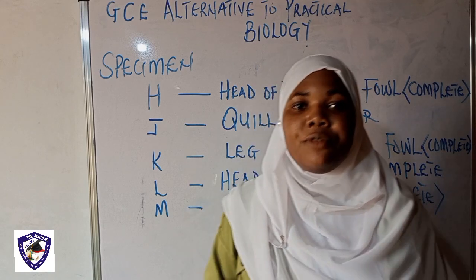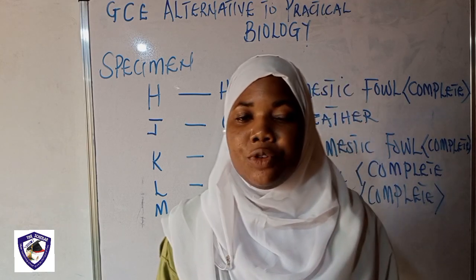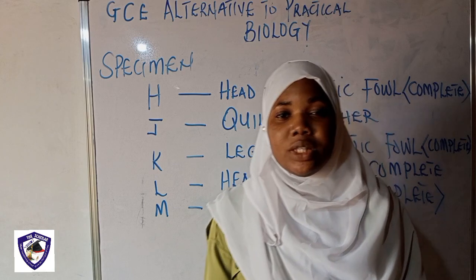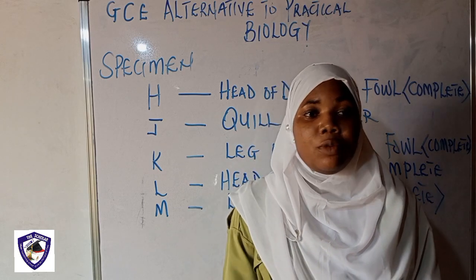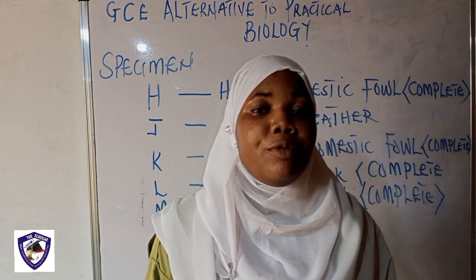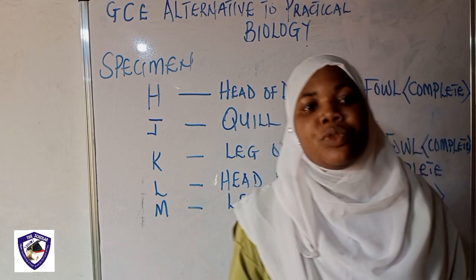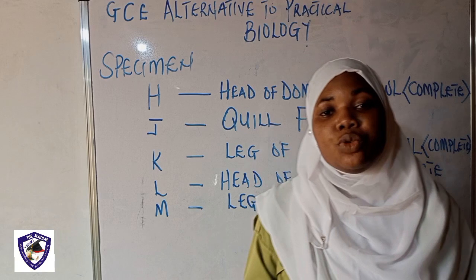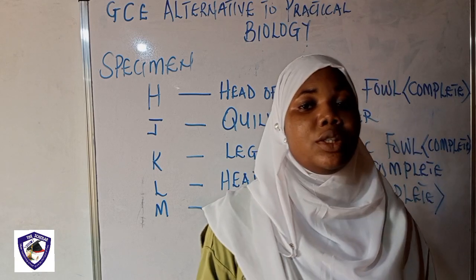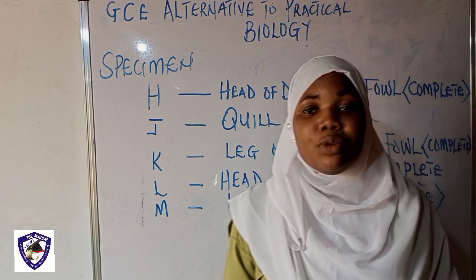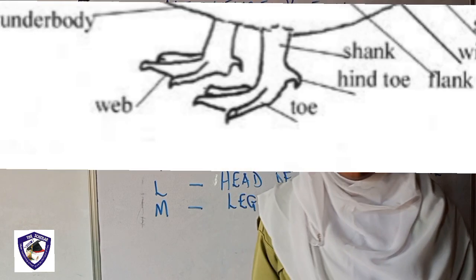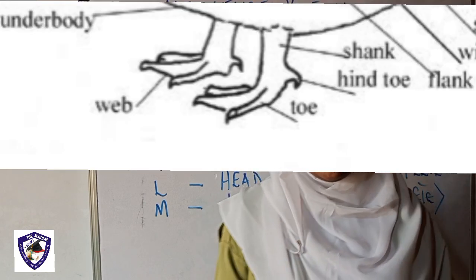Why? Because they feed on water. They take their food from water, and they make use of their beak for breaking, not for tearing like the domestic fowl. So in their leg, there are no sharp claws because they don't use it for tearing, but they have scaled legs and web toes so that they can swim freely in aquatic habitats.